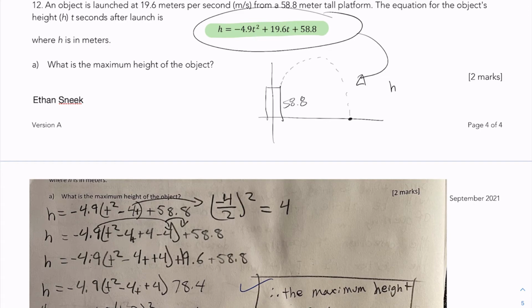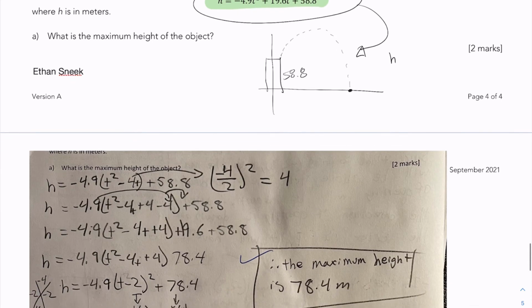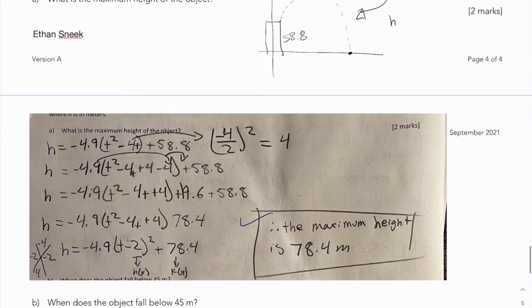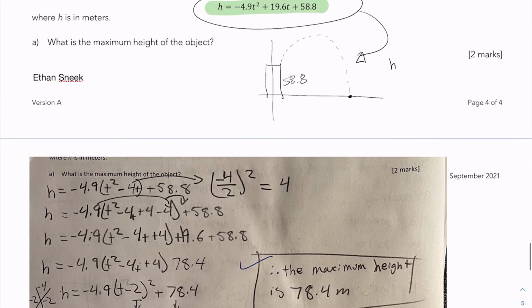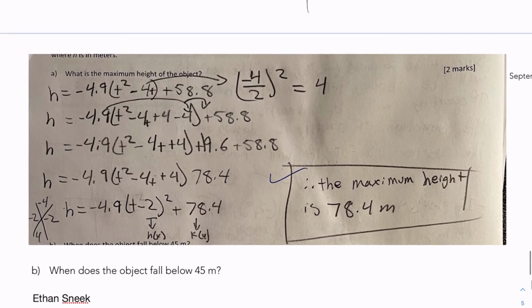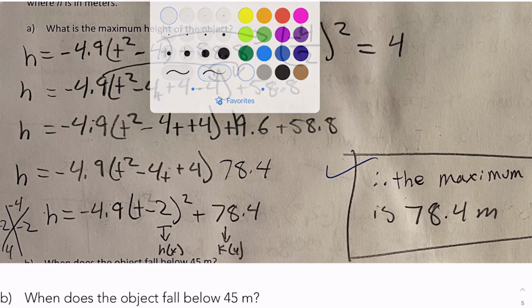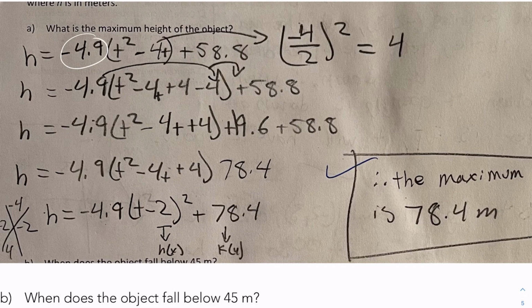The first part asked to find the maximum height of the object, and Ethan decided to do probably the most natural thing, which is complete the square. He takes the equation, which does have decimals, but that's life, and goes through the whole process of completing the square, factoring out the 4.9 from the first 2 terms, taking the b value, dividing it by 2 and squaring it, which he then adds and subtracts inside the brackets.